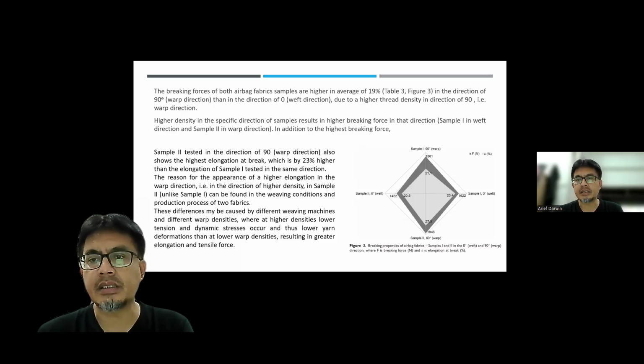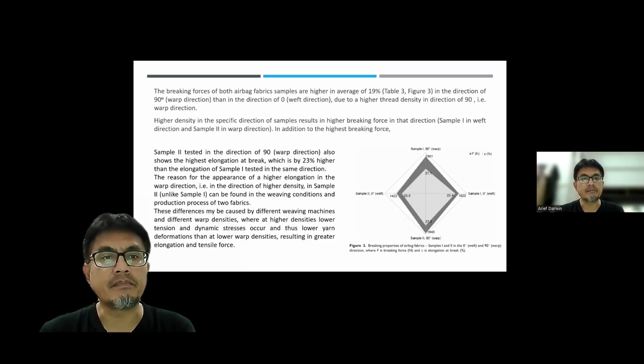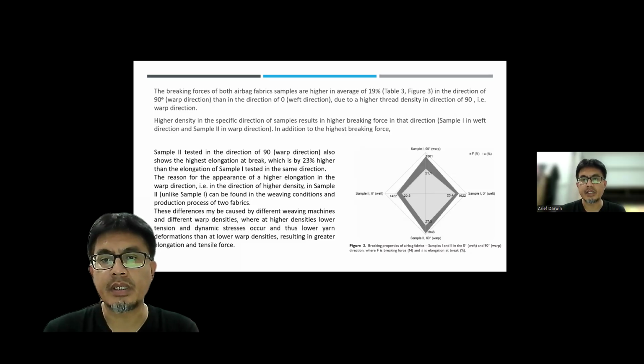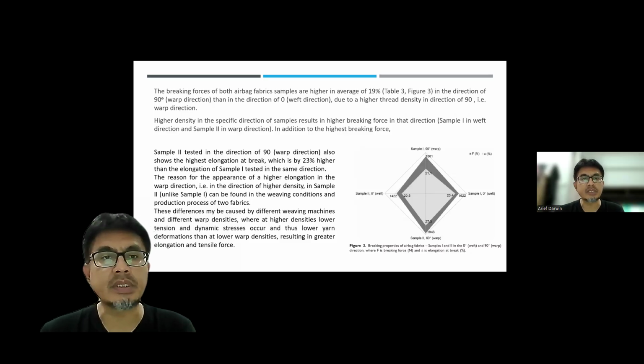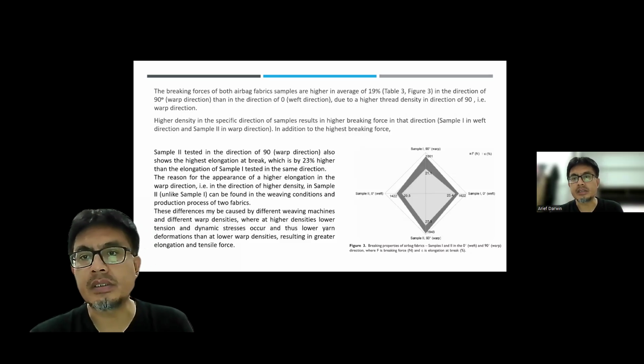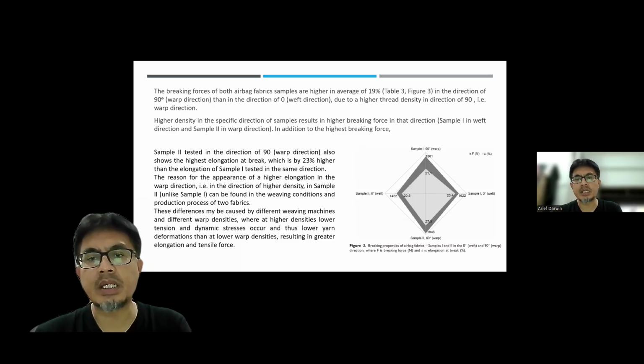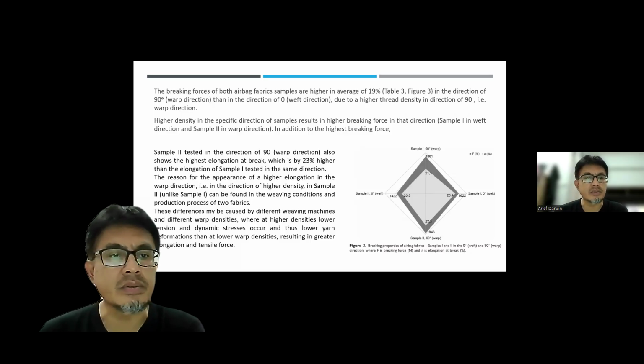As we can see, on the 90 degree, the elongation at break of the samples is 1943, while in the 0 direction, sample 2 is 1422.